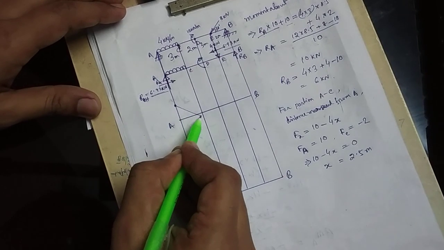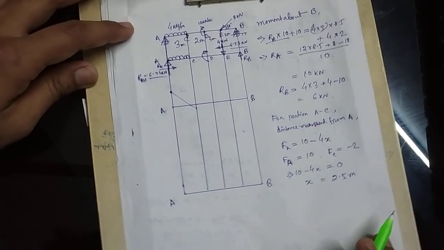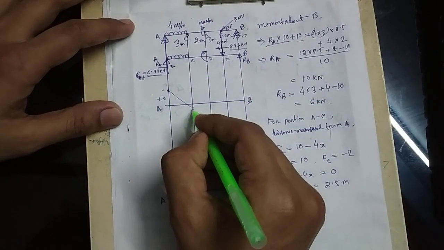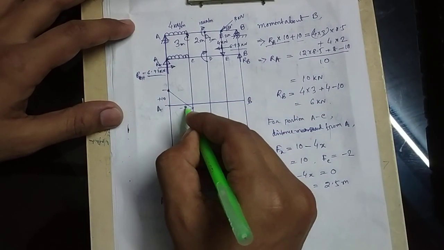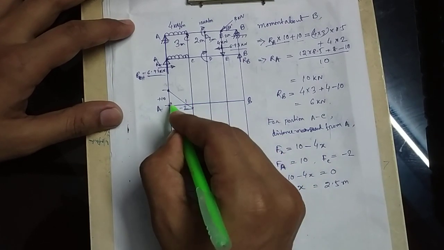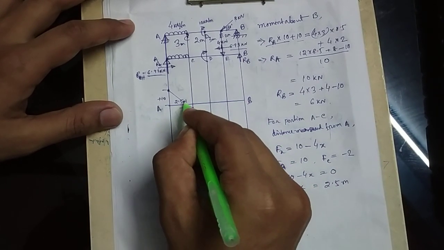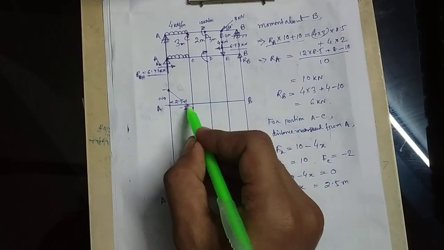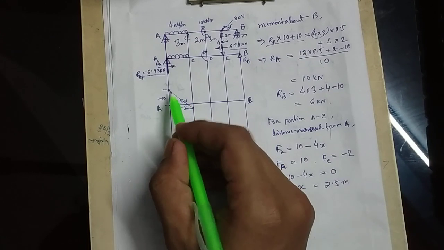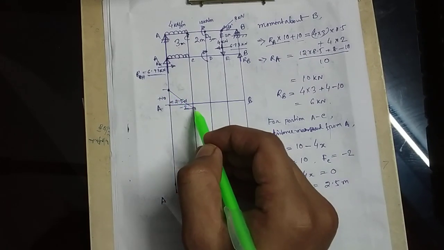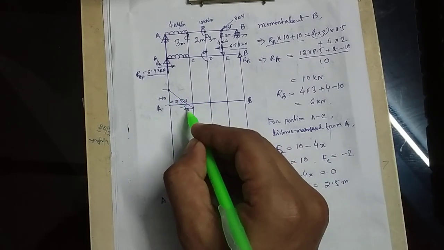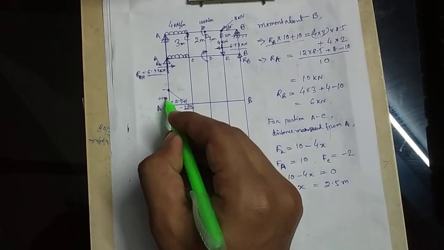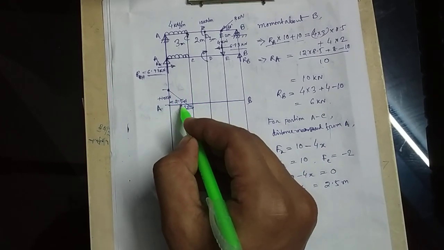From here this much is plus 10 kN and this much is minus 2, and from here to here it is 2.5. So at a distance of 2.5 meter the shear force is 0, at A it is 10 kN, and at point C it is minus 2 kN. These are all in kN and this is in meters.